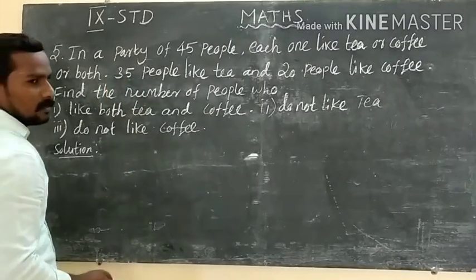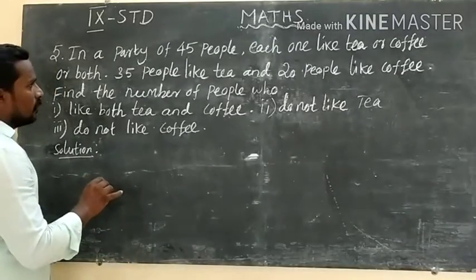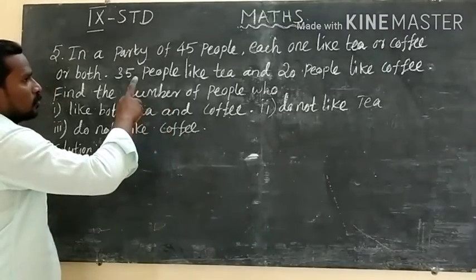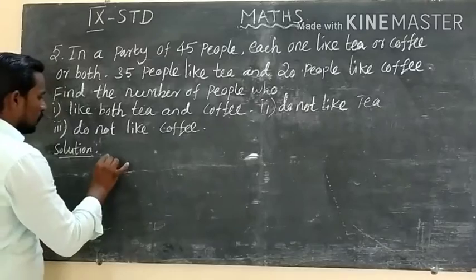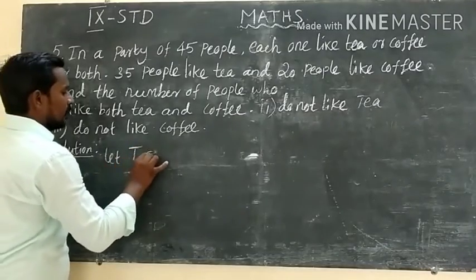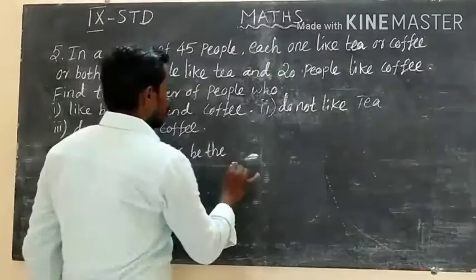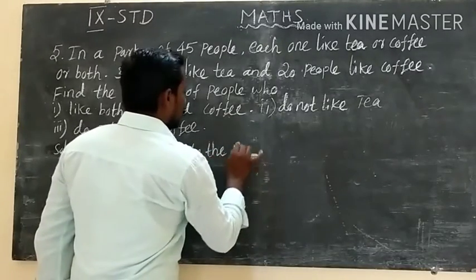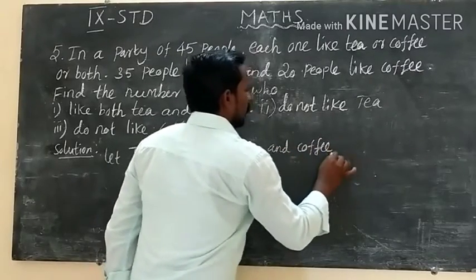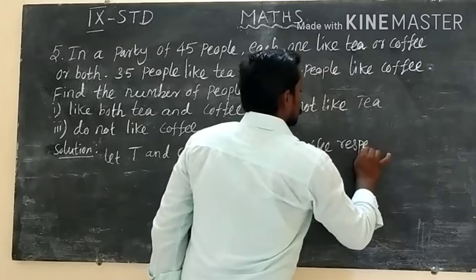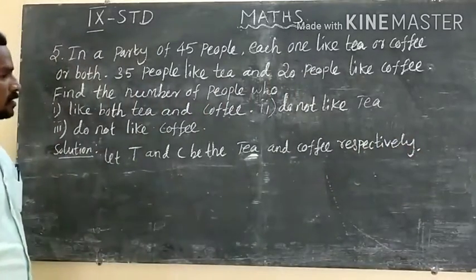From the information, first we define the set notation. So here only two categories are given, the tea and coffee. So let T and C be the tea and coffee respectively.